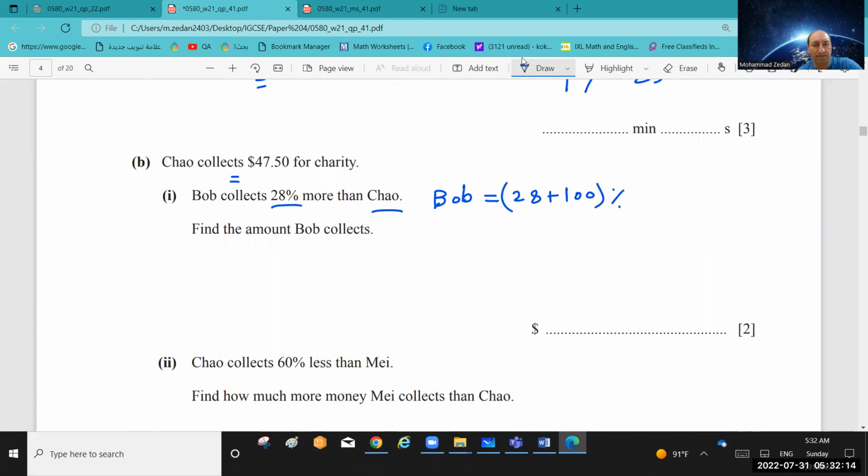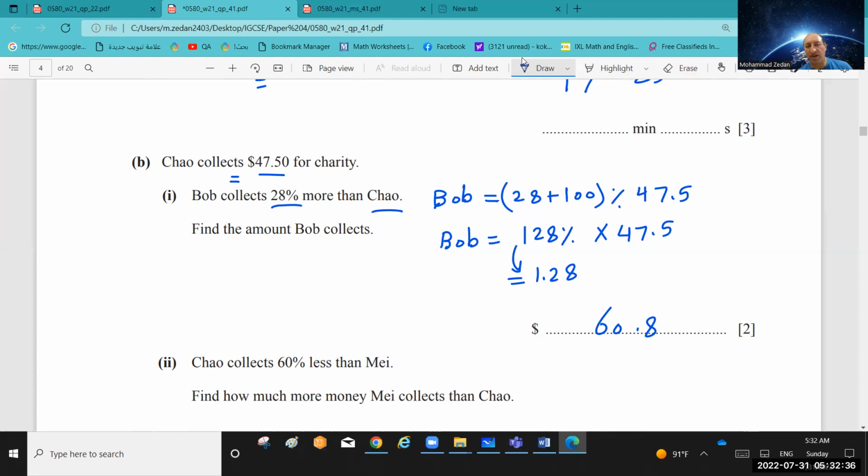Chow here collects 47.5. So Bob collects 128% times $47.5. Multiply this number, you get 60.8. Or you can write by calculator 1.28 times 47.5, you'll get the same answer.